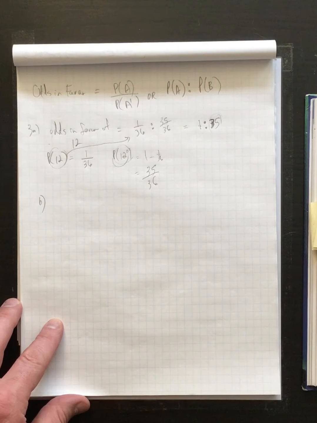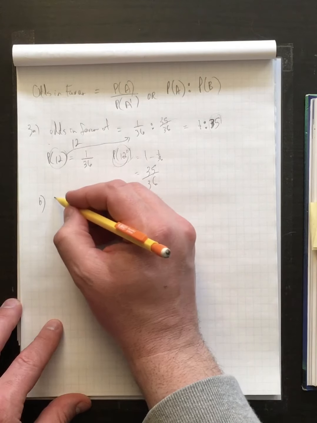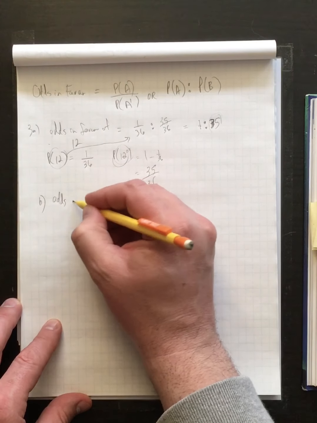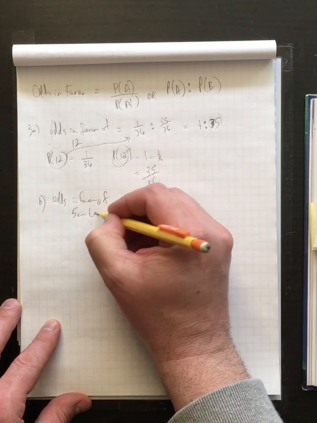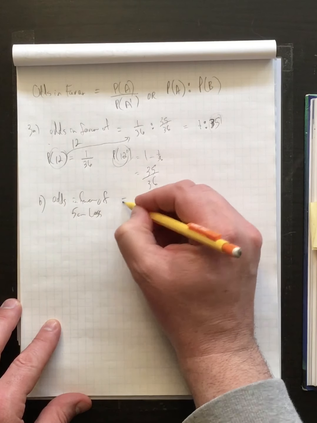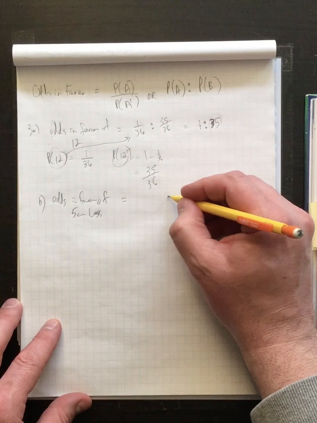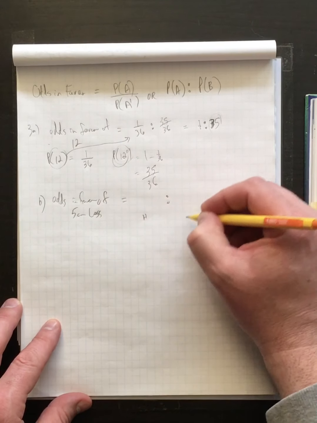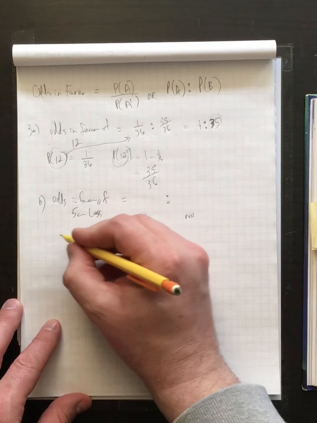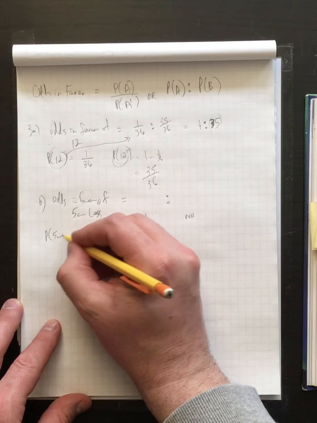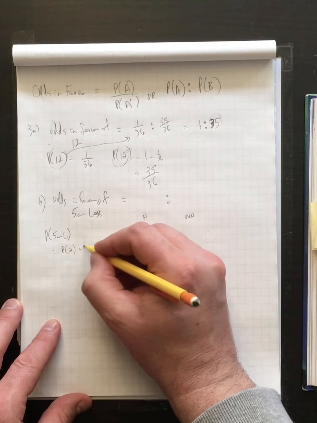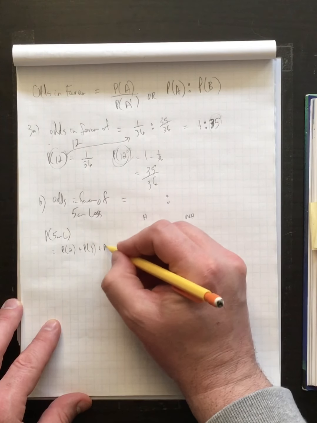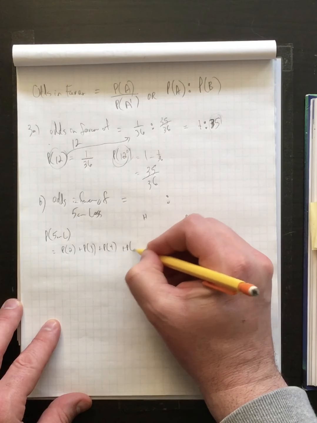For part B, it's the odds in favor of a 5 or less. Same idea, same formula. This is going to be happening, this is going to be not happening. So the probability of 5 or less is going to be the probability of a 2, probability of a 3, probability of 4, probability of 5.